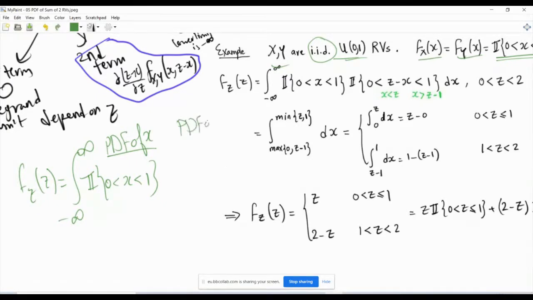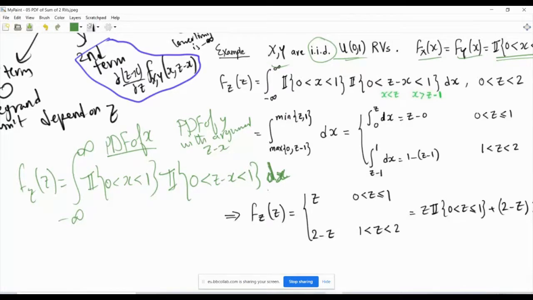Then the PDF of Y with argument z minus x: the indicator from 0 to 1 where, rather than y, you have z minus x. And then you integrate dx. So you just apply the formula, even if you don't know that this is convolution.